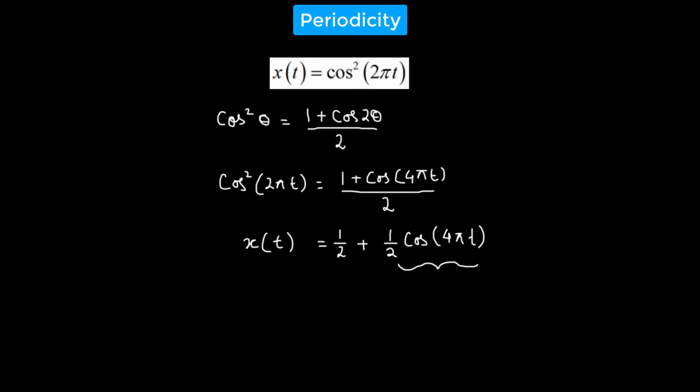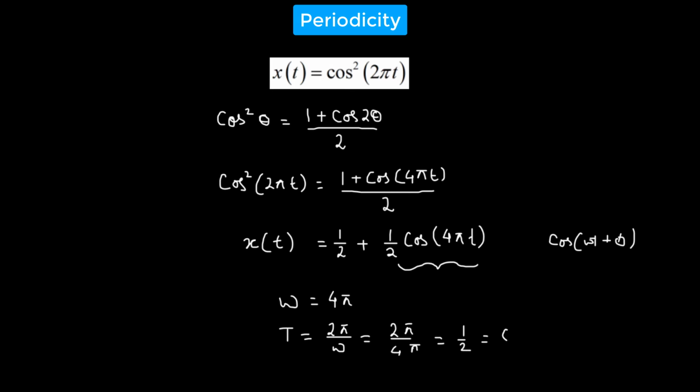So here, when we compare with cosine of omega t plus phi, we have the omega value equal to 4 pi. That means the period will be equal to 2 pi over omega, which is 2 pi over 4 pi, and that gives us half, so this is 0.5.